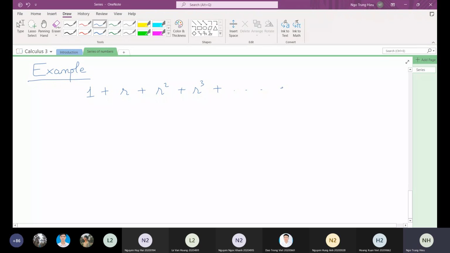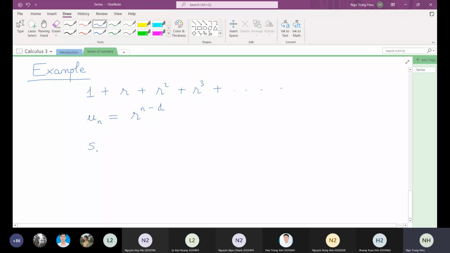So in this case, we have un equals r to the n minus 1. So our series starts with 1. Sometimes people take a series starting with 0, the index starts with 0. It doesn't matter. You can use either way. In this case, we use un equals r to the n minus 1.